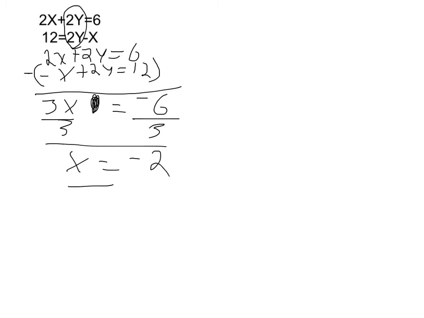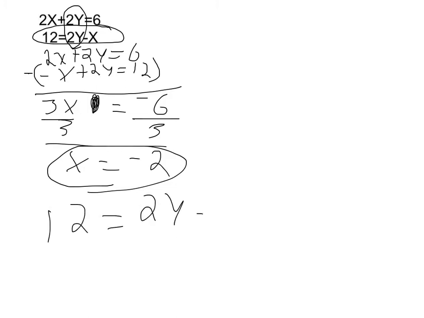So now we have our x value in the equation, and we need to find the y value. So we'll plug in the x value into one of the equations, and I will choose to do this equation. So 12 equals 2y minus a negative 2. Now what I like to do is organize the equation so y is on the left side.